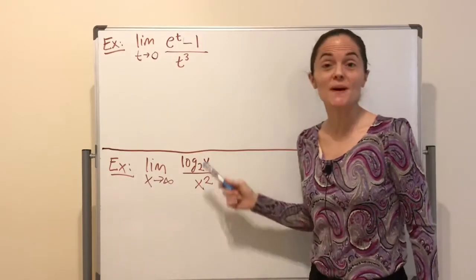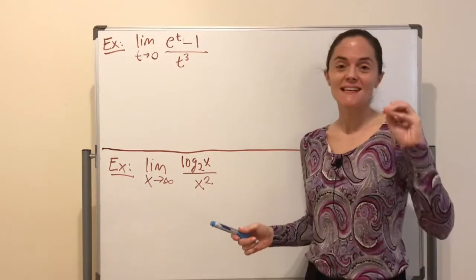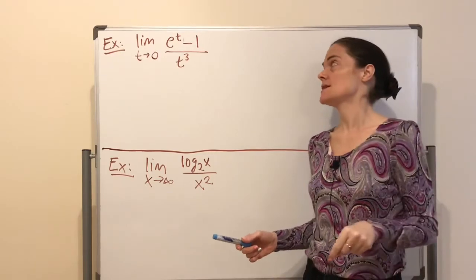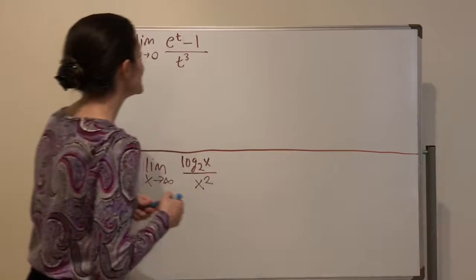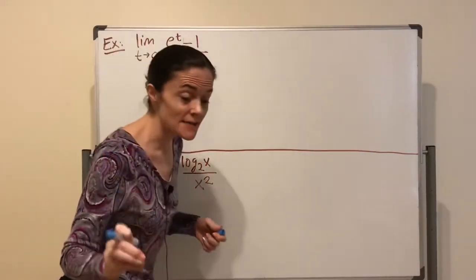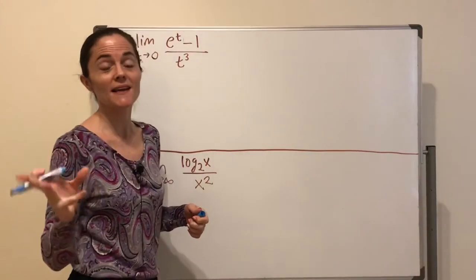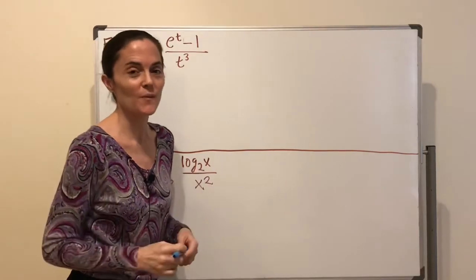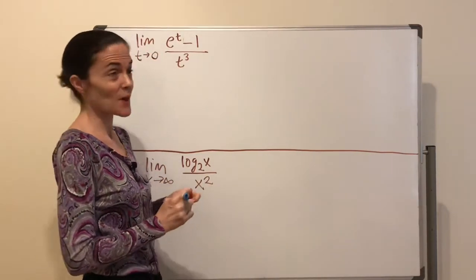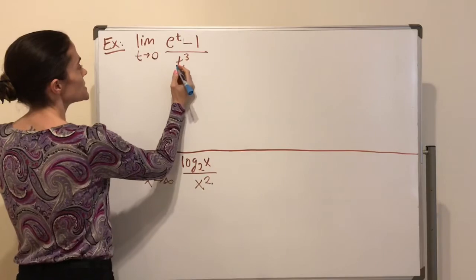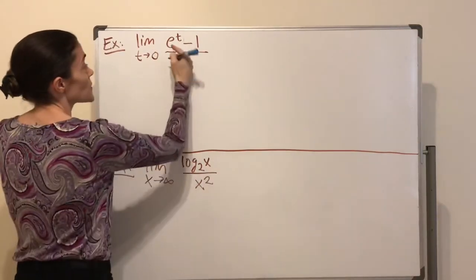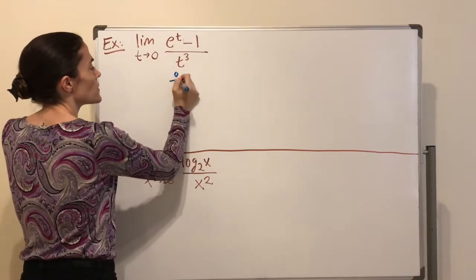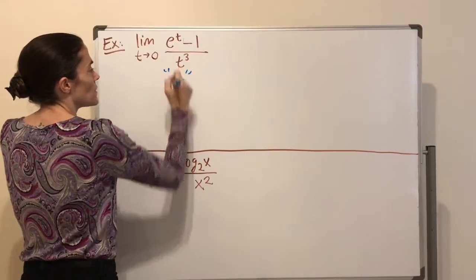For the first one, the limit as t approaches 0 of e to the t minus 1 over t cubed. Well, let's try to think about what's happening. We must actually check that we get an indeterminate form before we just jump in and start using L'Hopital's rule. So here you see we get e to the 0 is 1, so we have 1 minus 1, which is 0 over 0.